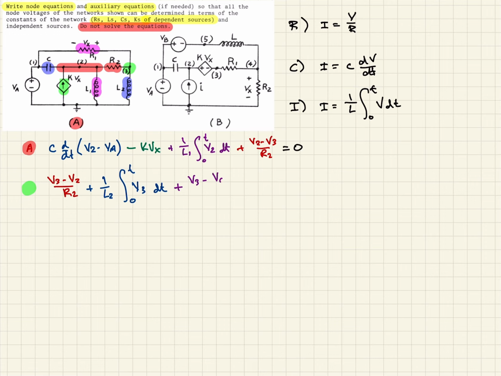You could also say it's VA, because VA is driving that node, so V1 or VA is correct, over R1. That's all the branches going in and out of that node, so that'll be equal to 0. So these are the two node equations that we have. We need one more auxiliary equation that relates Vx to the other voltages.